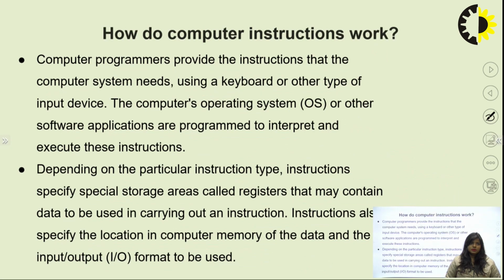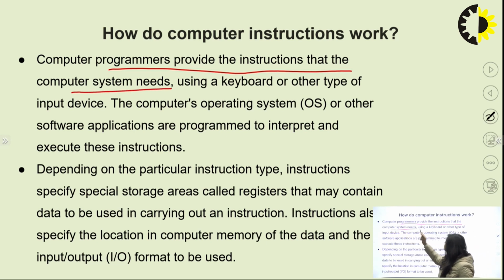Let's continue. How do computer instructions work? Because we are going to understand the format and types, we should know how a computer instruction works inside the computer. Computer programs provide the instructions that the computer system needs using a keyboard or other type of input device. We have so many input devices. Whenever we want to give an instruction to our computer, we use an input device.